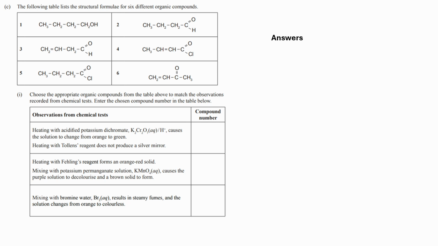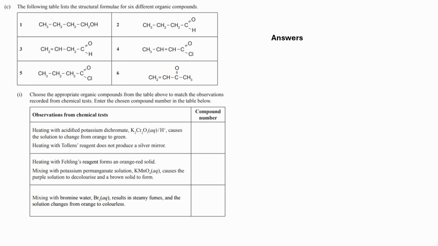So the first one is heating with acidified dichromate of one of these molecules causes a solution to go from orange to green. Okay, that's cool. That means that oxidation must have happened. Now that could either be an alcohol or it could be an aldehyde. So we either have 1, 2, or 3. But then they've said heating with Tollens reagent does not produce a silver mirror.